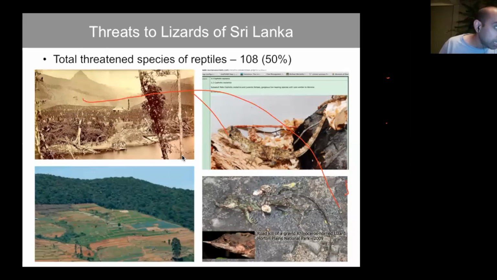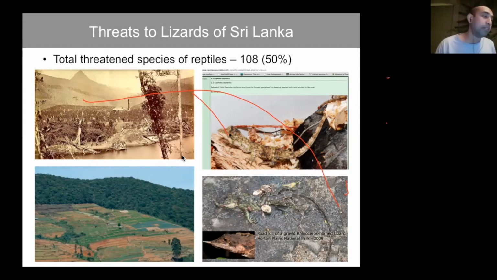If you can see in the slide, this particular picture of Cophotis ceylanica is taken from a website that sells these lizards, right? A pair of Cophotis ceylanica is priced at $1,350 US. So they're quite expensive.